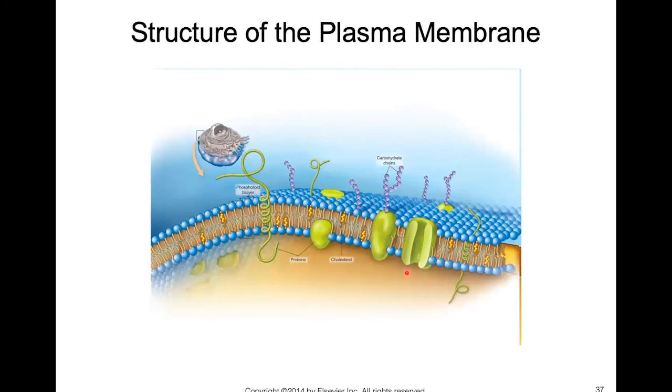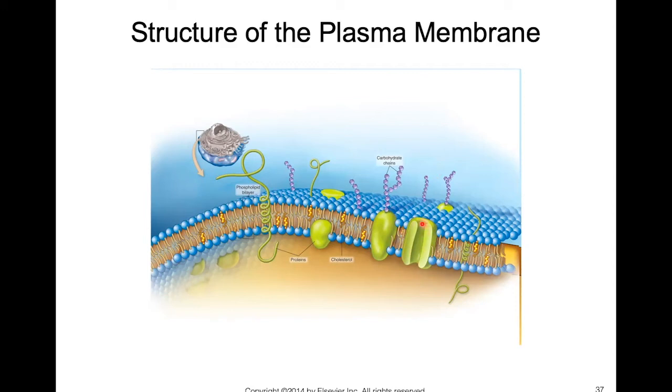Here's one example of a way in which the cell is able to regulate what's moving in and what's moving out. This is an example of a protein channel. Protein channels are specific to specific ions and molecules, and different channels allow for the passage of specific substances either into or out of the cell.